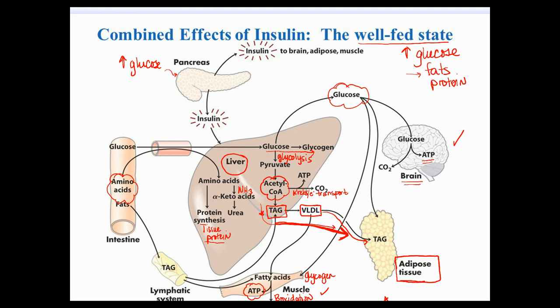One side note, and I didn't mention it at the time, is that fructose can also enter into glycolysis. And that's a hidden, well, not so hidden, sugar that increases the amount of sugar that we ingest, like high fructose corn syrup and added sugars added to a lot of food.